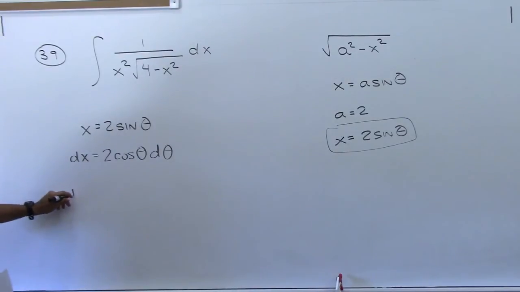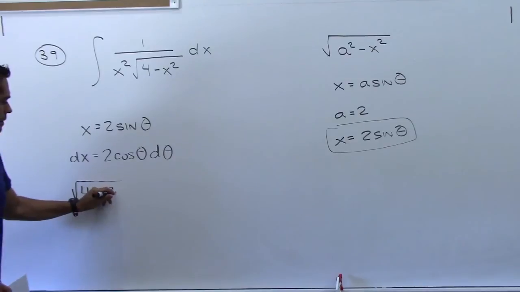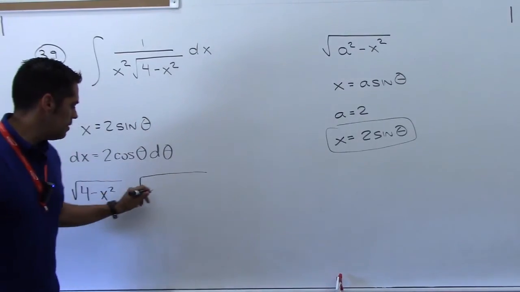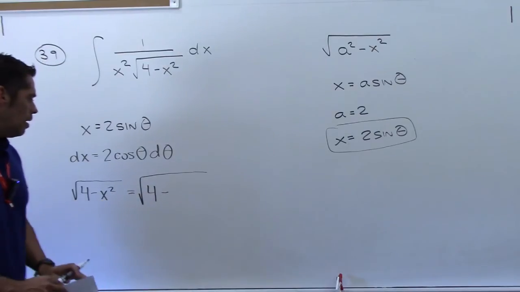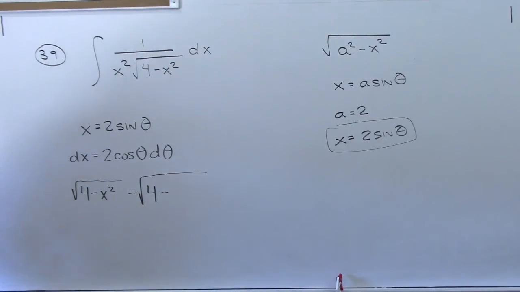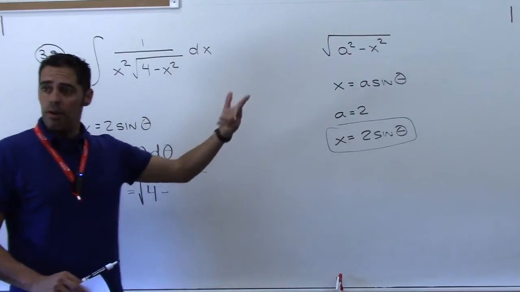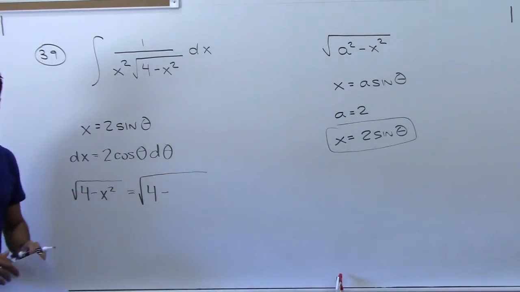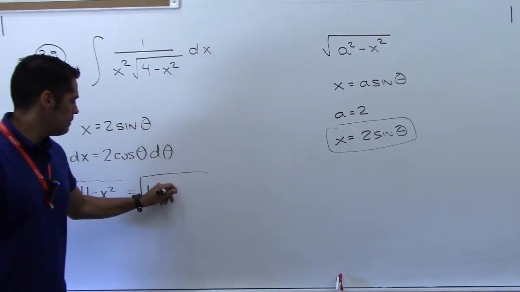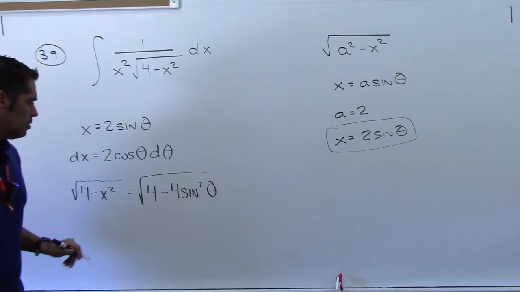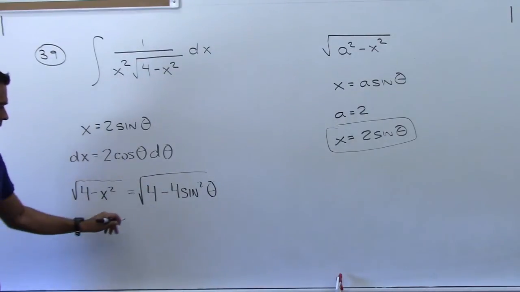And this is the part that some people were getting stuck on in class. This is equal to the square root of 4 minus what? If we rewrite x, it's 2 sine theta, but squared, right? So you get 4 sine squared theta. And then what can you do here? Take a 4 out.